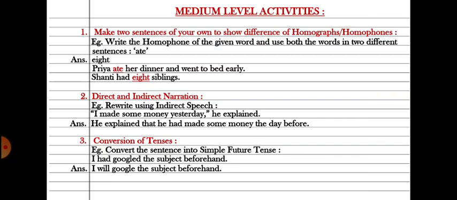Indirect speech. Here, whatever the speaker has said is reported by a third person who is not a part of the conversation. For example, she said that it was cold.